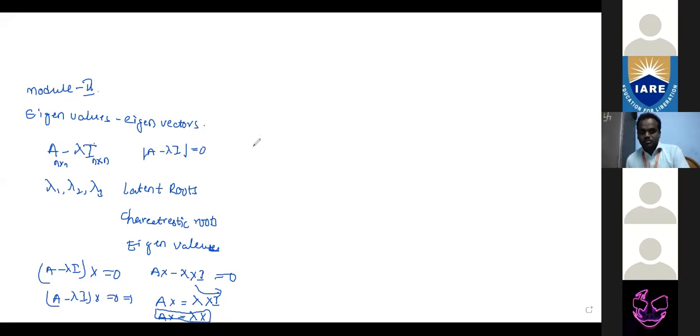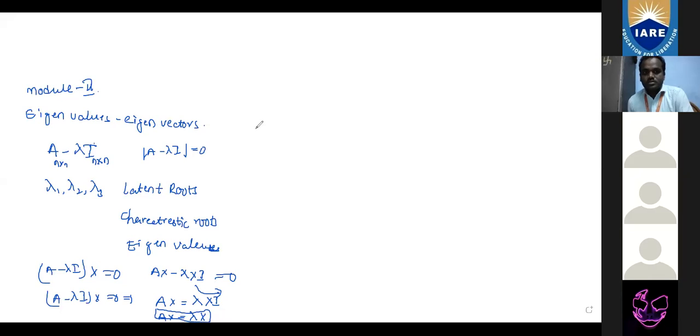So here we write the eigenvectors like Ax is equal to lambda x, and next we write the eigenvectors x1, x2, x3.